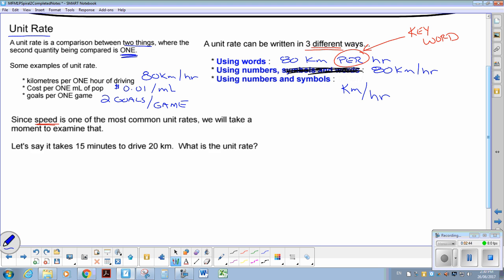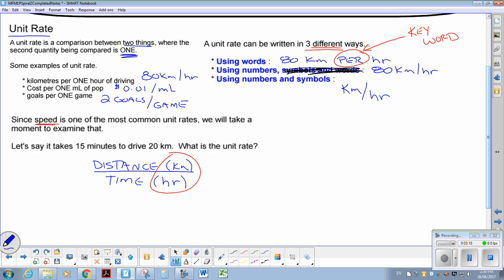Your unit rate is your speed, so distance in kilometers over time. There's your unit rate, kilometers per hour. A unit rate tells you how many kilometers you can drive in 1 hour.